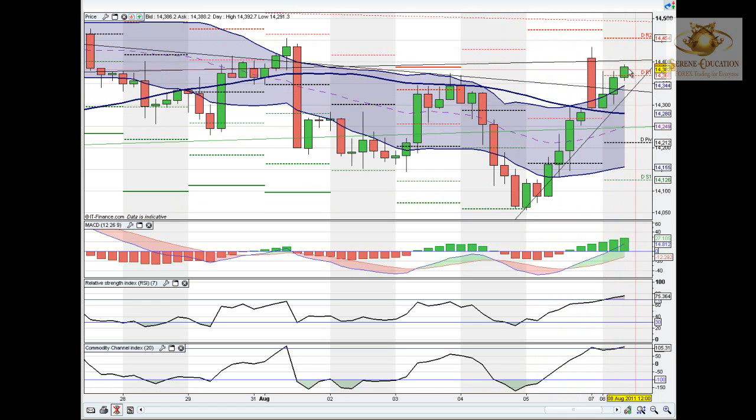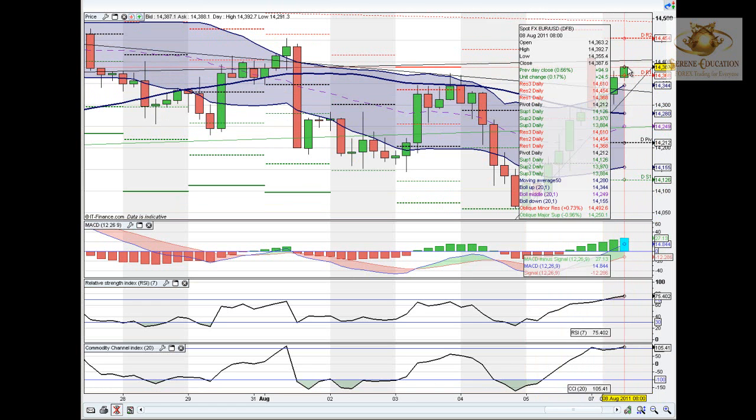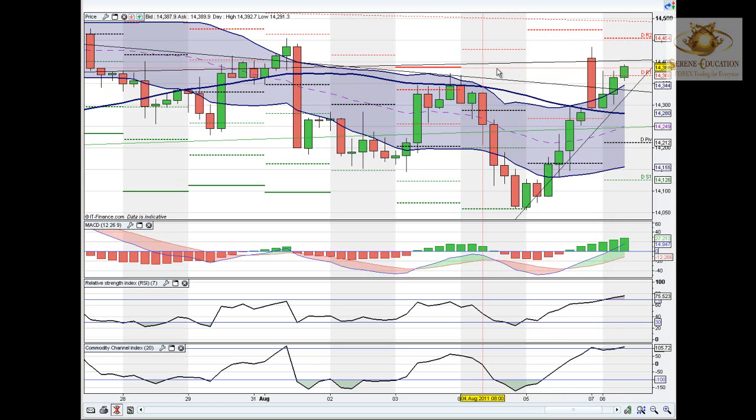Price needs to obviously close at this level here to indicate that we're going to see higher moves to the upside. Failure to see that won't see us actually attempting the daily R2 level, which is currently just above us at roughly the 14,454 mark on the chart for you.